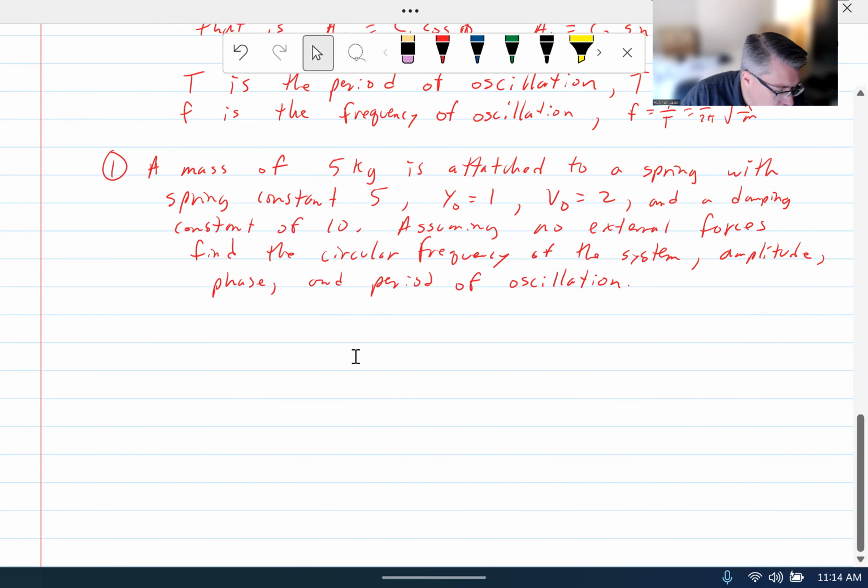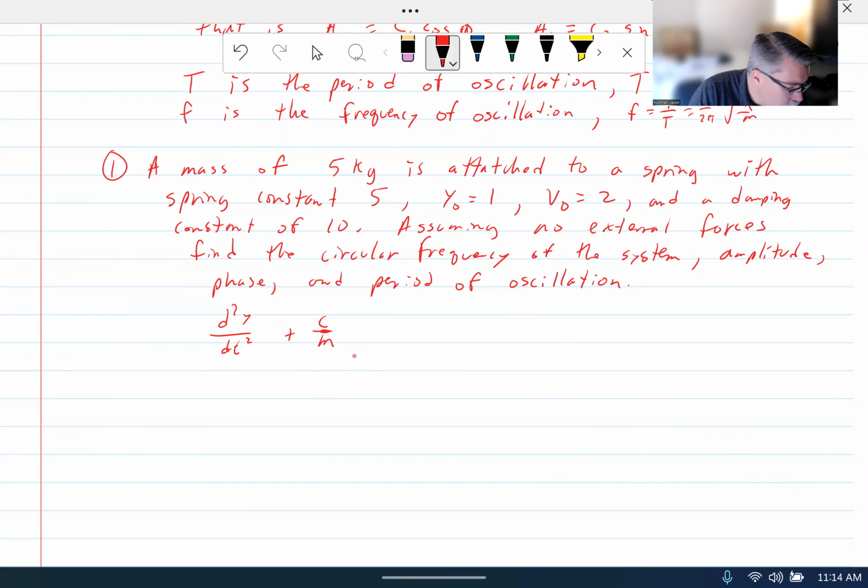Okay, so first we need to solve this differential equation. So d²y over dt² plus c over m dy/dt plus k over m y equals 1 over m f of t.